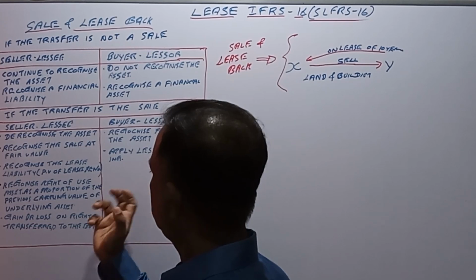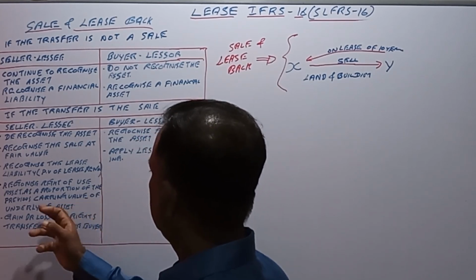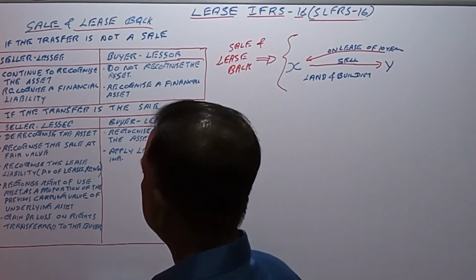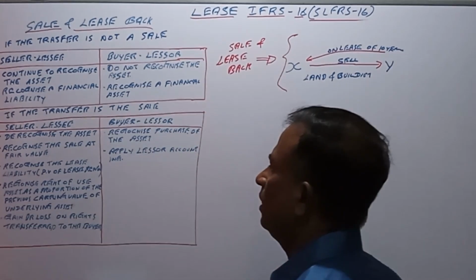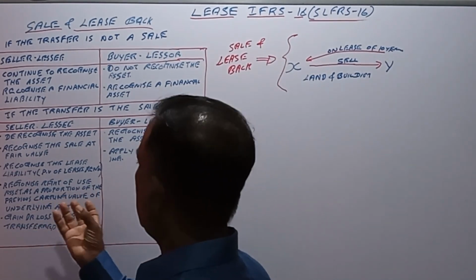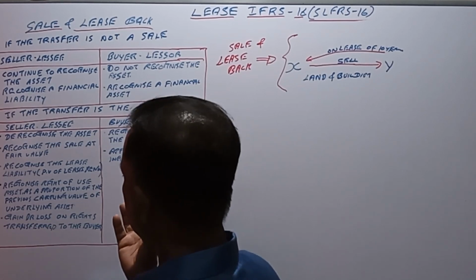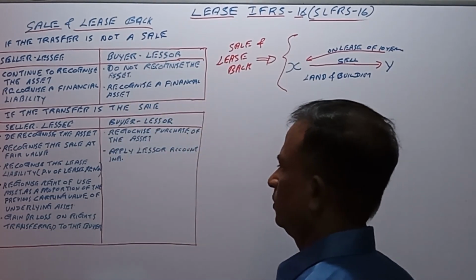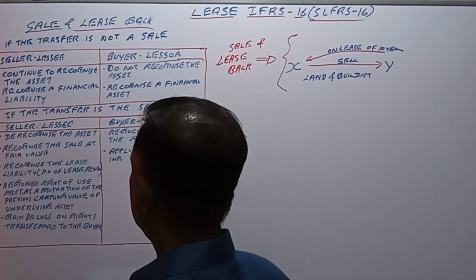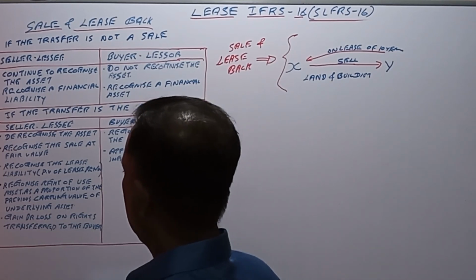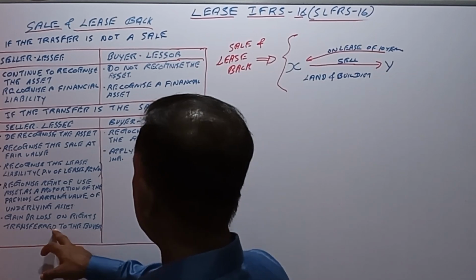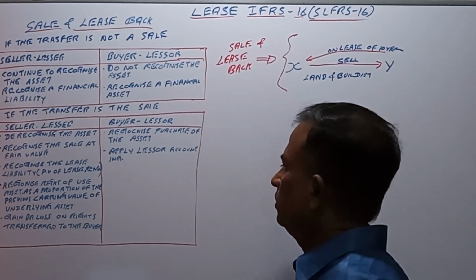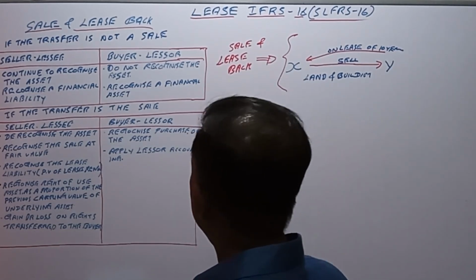Recognize the right of use asset as a proportion of the previous carrying value of the underlying asset. And you have to recognize the gain or loss on the rights transferred to the buyer.